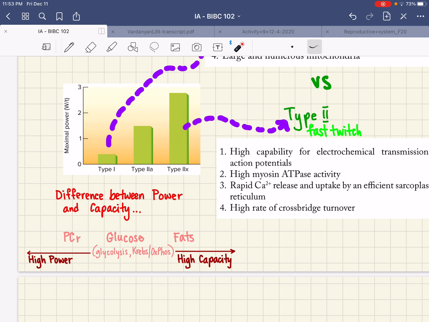If I use only fat breakdown and I metabolize glucose only through Krebs and OXPHOS, I will most definitely not be able to lift a couple hundred pounds, right? I'll be able to run for 2 hours because that has a lot of capacity, but I won't have enough power. Okay, so the more to the right you go this way, the higher capacity you get. And the more you go this way, the higher power you get.